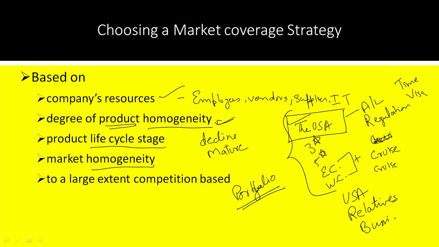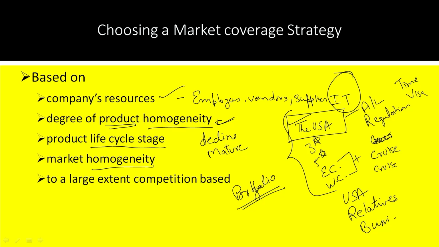So, some kind of market homogeneity is required, or if it is not on the basis of destination, people who can be catered with the help of ICT, information and communication technology, online sale. So, different market, the USA, Europe, Australia, I mean different destination products, but sales through online. So, that common factor of market homogeneity has become online. So, online presence of your customers is important. So, some kind of market homogeneity has to be there.